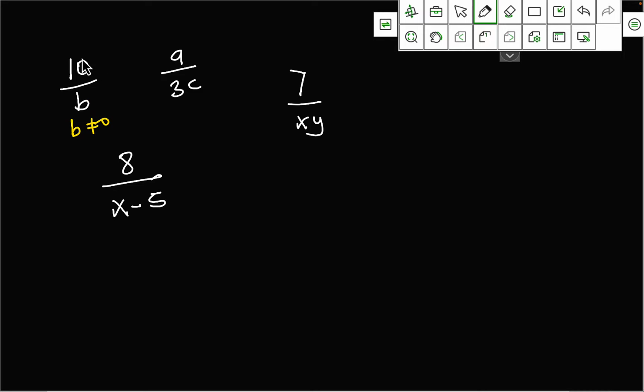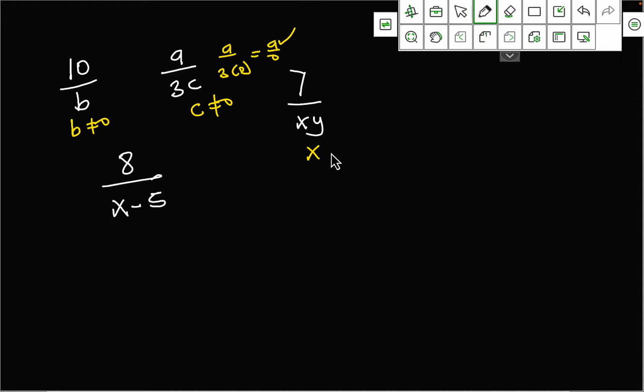So it means that this equation is impossible if B is equal to 0, right? Here, C cannot be equal to 0, because then you have A over 3 times 0, and that will give you A over 0. And no matter the number that A will take on, because we are dividing by 0, that will not work.